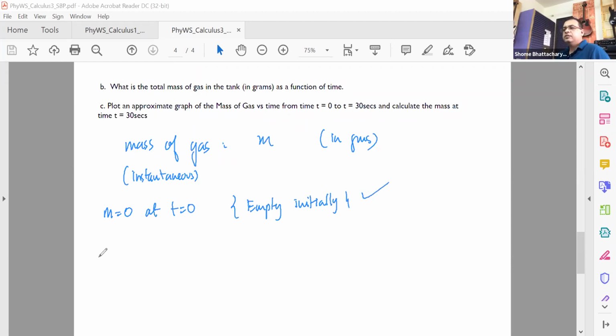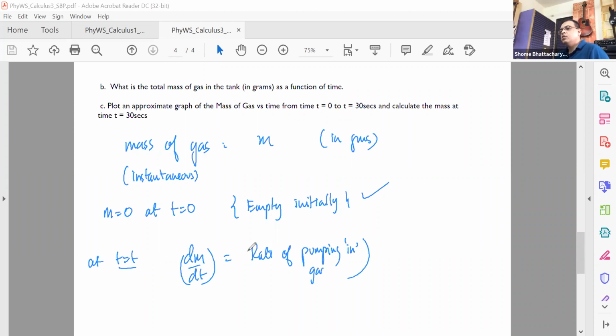The second information we have is that at any time t, the rate of change of mass with respect to time should be equal to the rate of pumping in gas. But along with that, there's also leakage happening, so it should be minus the rate of leakage, because leakage results in mass decreasing, whereas pumping in results in mass increasing.